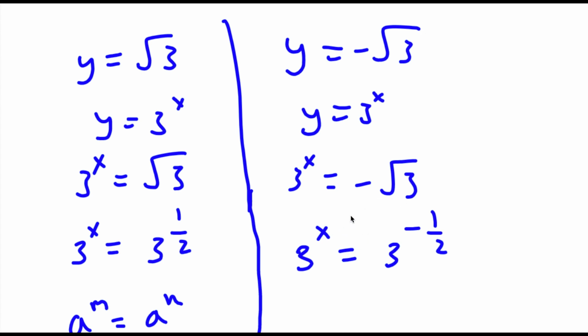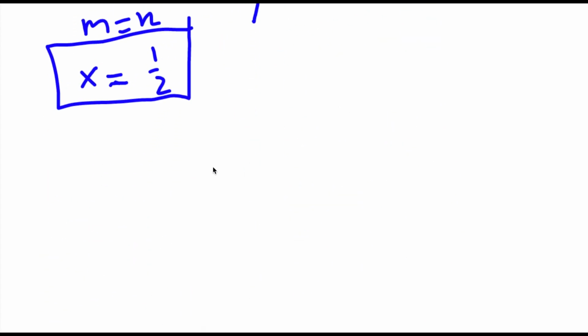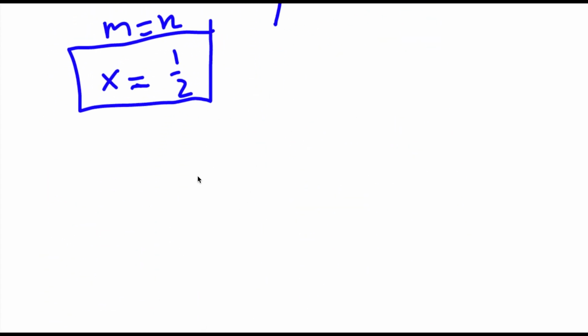However, this is actually wrong. This wouldn't be negative 1/2, because this would be negative 3 to the power of 1/2, and there's no way to make 3 to the power of something equal a negative number. So there's no solution for this. So our only solution is x equals 1/2.